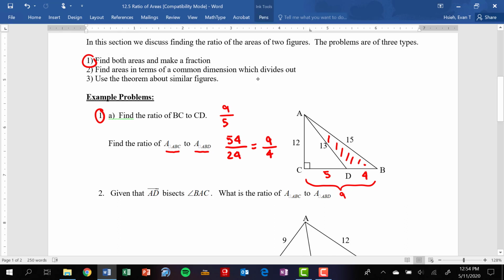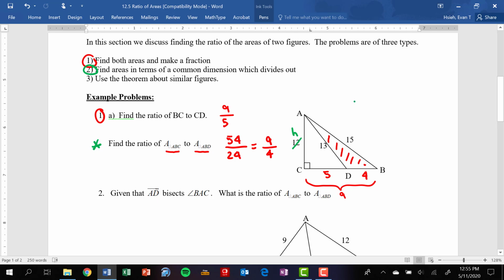The second type of problem is finding the areas in terms of the common dimensions which divide out. You're going to end up having some problems where a common dimension will divide itself out. If you take a look at this problem right here, you can sort of see what I mean. Let's say we didn't know that this was 12. We just know that it's some height. If I wanted to do the exact same problem here, I could find the area of the entire triangle.